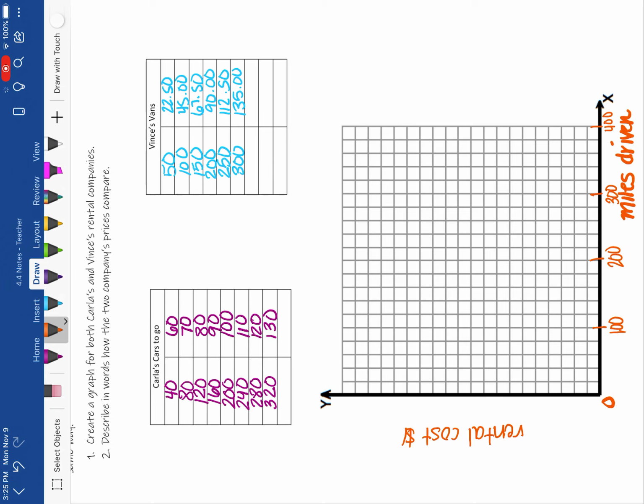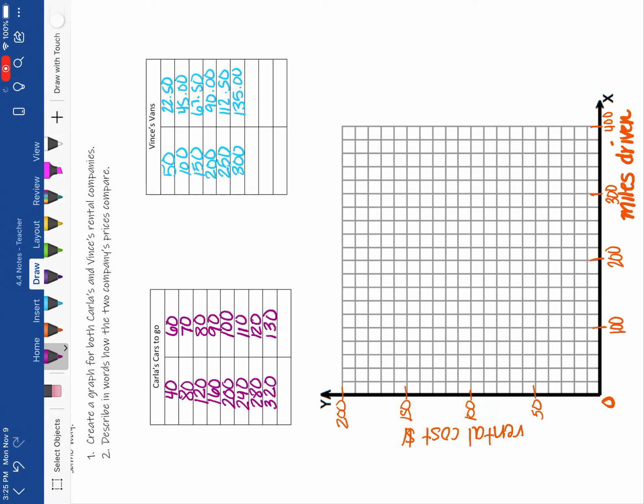So 10, 20, 30, 40, and I'm gonna label it just like it was labeled above, by just labeling every fifth one. And the top one is gonna be 200. Okay, and then we're just going to plot these points.